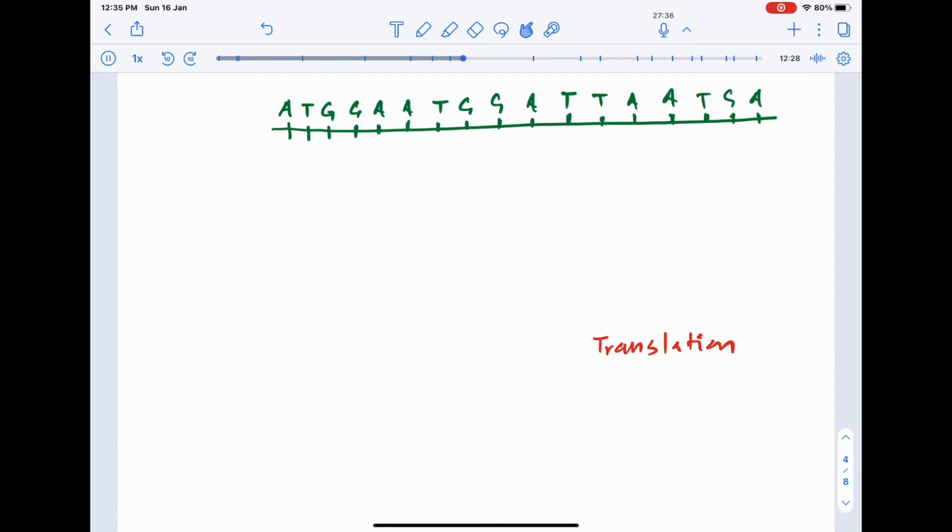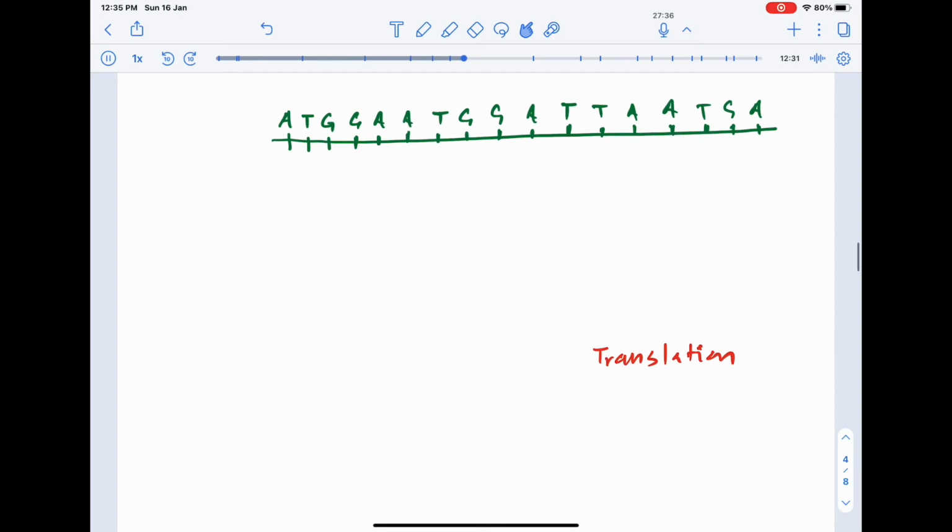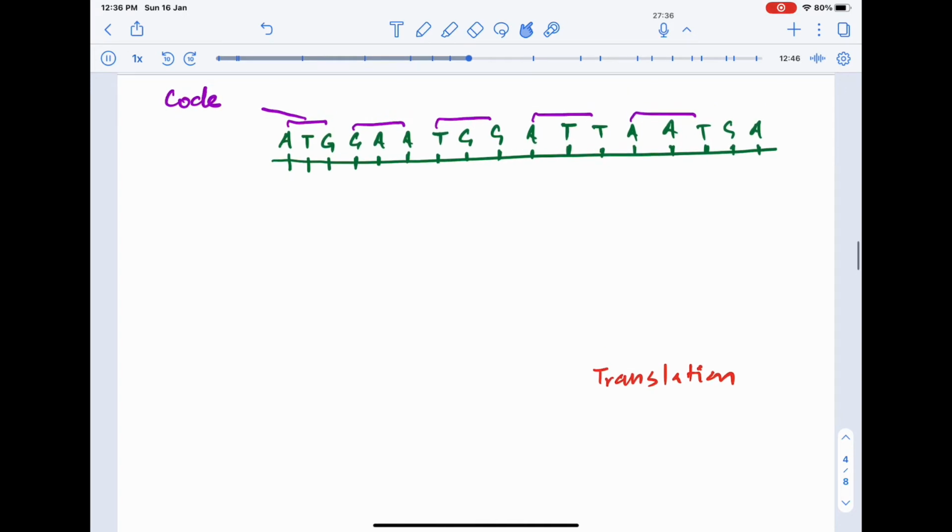We have already discussed that this coded information is read in a series of 3 consecutive nucleotides together, and this is known as a genetic code or a triplet code, and this code is non-overlapping. It means each code is specific and is read from one end to the other end in a specific order.